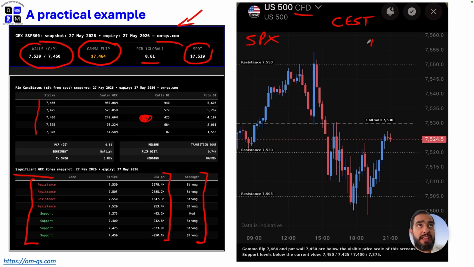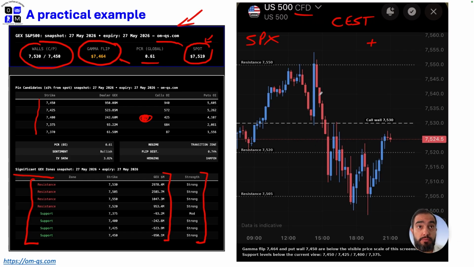So positive GEX environment, because the spot is above the flip, means that dealers tend, they are not obliged to sell the tops and buy the dips of the day. This is dynamic information. Of course, it's not exactly in the number, but it will happen some way or another.